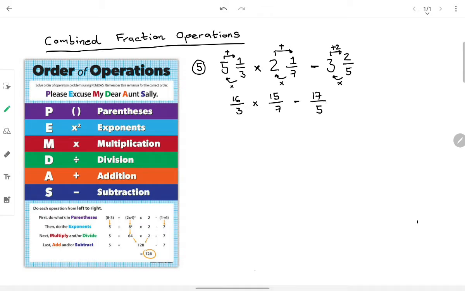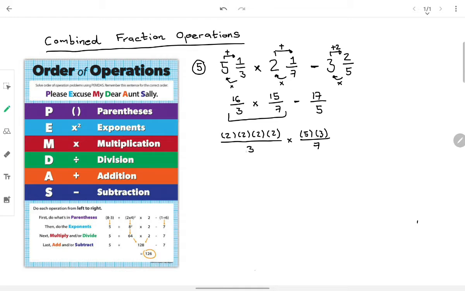So let's see. Because of the order of operations, first we are going to do the multiplication, then the subtraction. In this case, we can decompose numbers. 16 is 2 times 2 times 2 times 2 over 3 multiplied by 5 multiplied by 3 over 7.